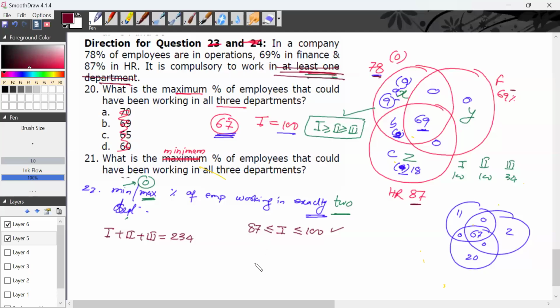Any possibility? ठीक है. Now we want the minimum value of the employees who like exactly 2 departments. Exactly 2 means 2 minus 3. This we want to minimize. So can we make it equal? Yes, we can make it. We want to maximize this, so we have to minimize this. ऐसा कर सकते हैं.